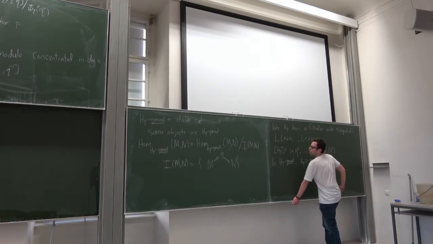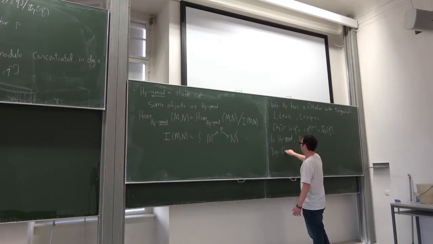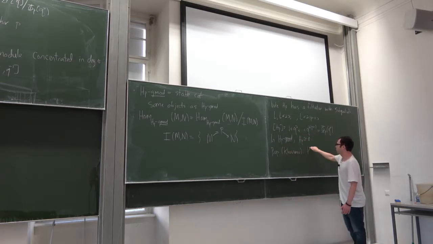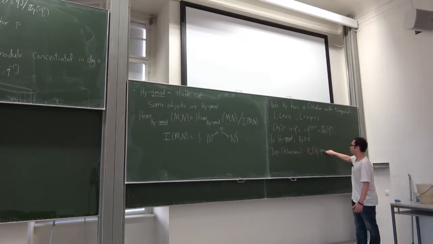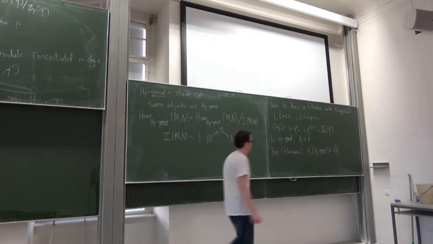So I'll just write down one proposition: the Grothendieck group of this stable category is isomorphic to this ring O_P, which is a potential target for this homological three-manifold invariant.